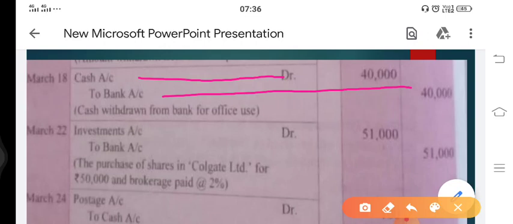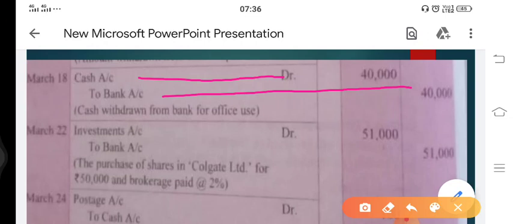Now since investment is coming to us, investment got debited. At the same time, payment is made by check. That means payment will be made by bank. So bank being giver has to be credited. But what should be the amount?